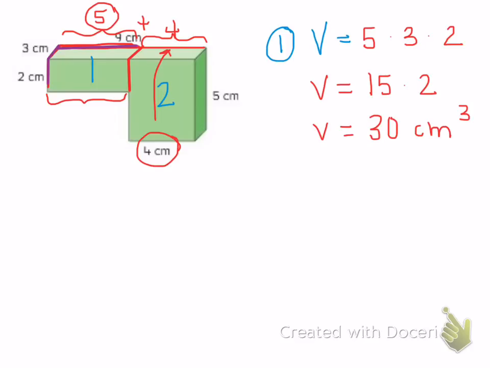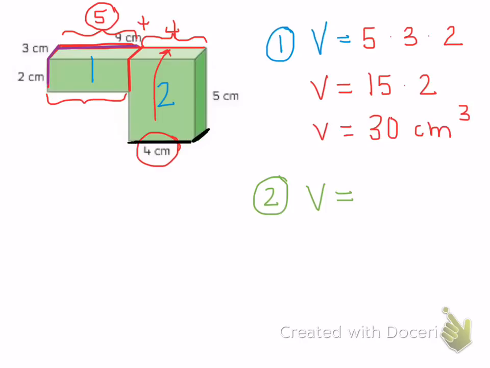Now I want you to find the volume of the second piece. Come back when you have that answer. Okay, so this one we actually have all of the pieces for. When you were looking at volume here, what I wanted you to see was this is 4, that's your length. Your width is this piece.